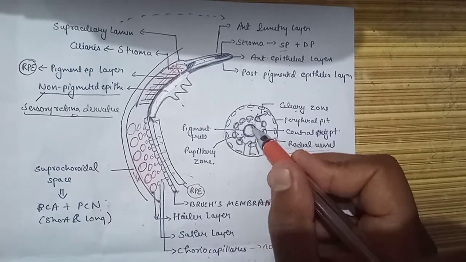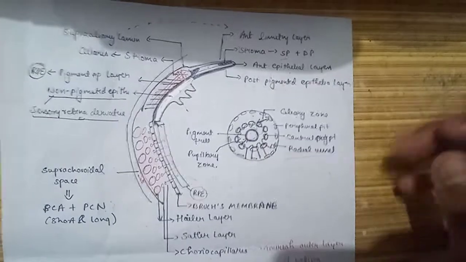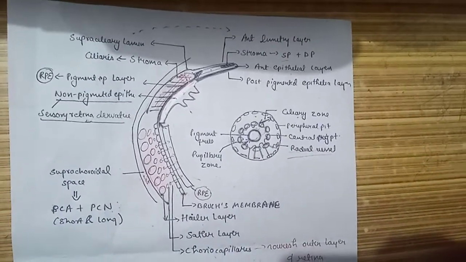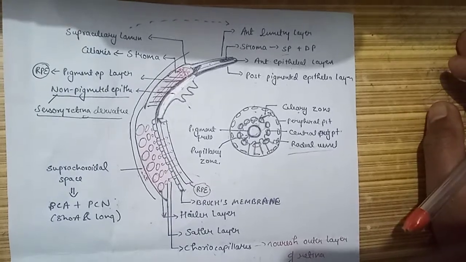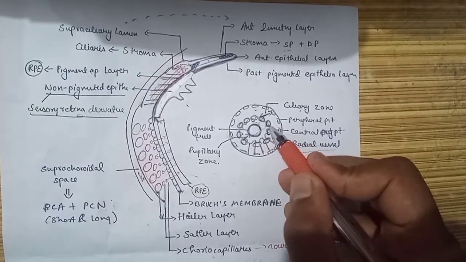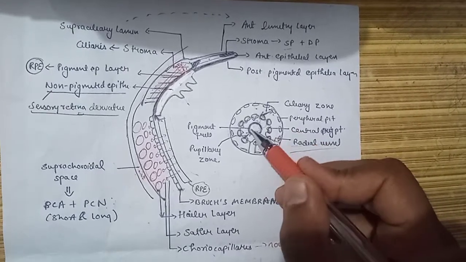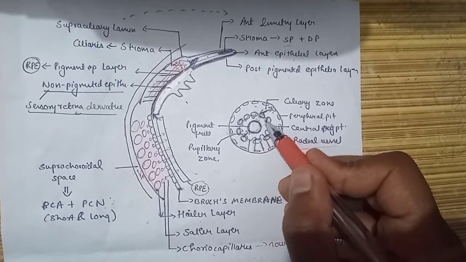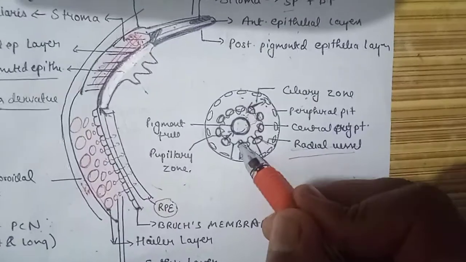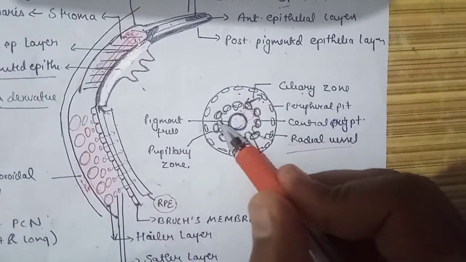There is a central hole in our iris that is known as the pupil, and this pupil decides the amount of light that is entering our eye. The differentiating point between our ciliary zone and pupillary zone is the collarette. That is a pigmentary frill. It may not be that clear, but this is the collarette.